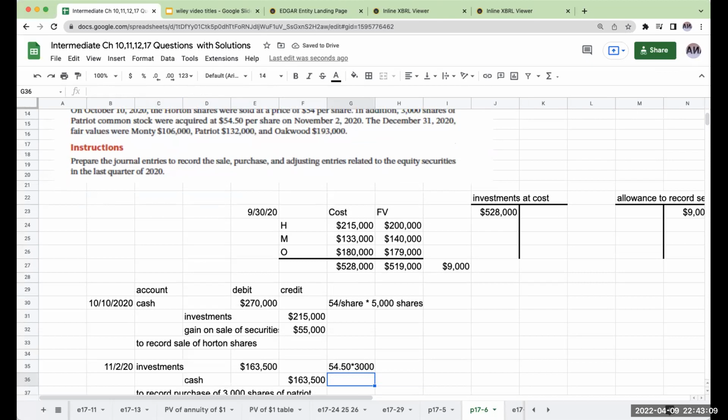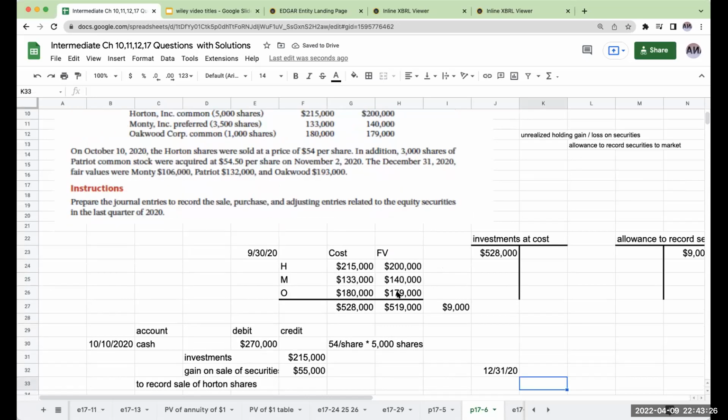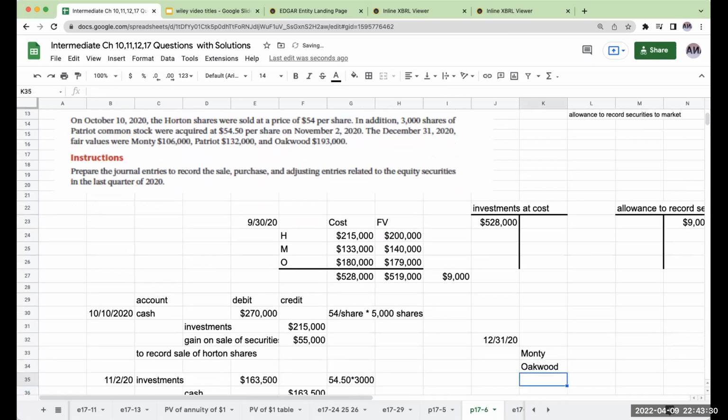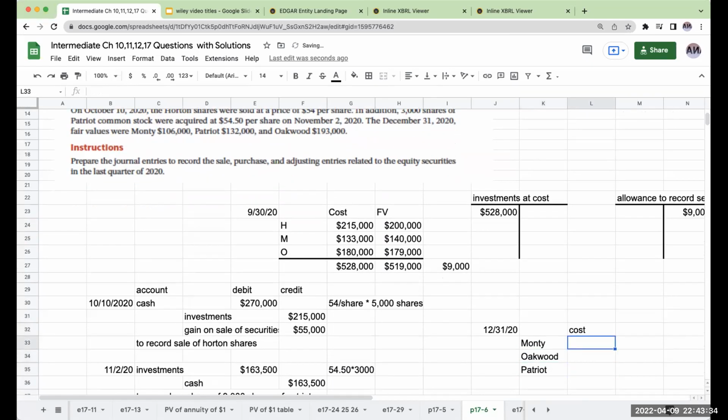Okay. So we recorded the sale and the purchase, and now we have to do the adjusting entry related to those equity securities. So what do we have here as of December 31st, 2020, which is the last quarter? Well, we've got Monty, we've got Oakwood, and we have Patriot. In terms of my cost, my cost of Monty hasn't changed.